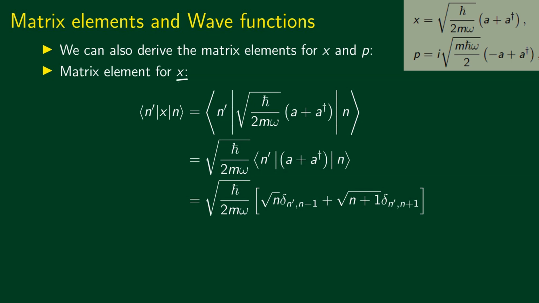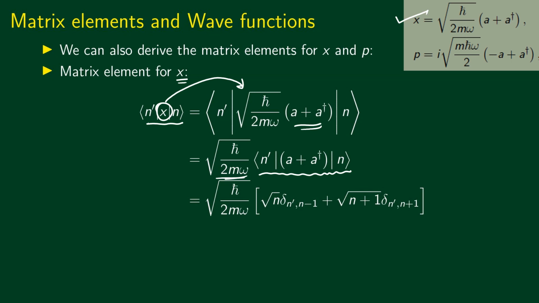To find the matrix element of X, bra n prime X ket n, we can write X in terms of A and A dagger according to this relation that we have already seen. So we write X equal to square root of h bar divided by 2 m omega, A plus A dagger. The square root of h bar divided by 2 m omega can be pulled out because it's a number, and then we have bra n prime A plus A dagger ket n.